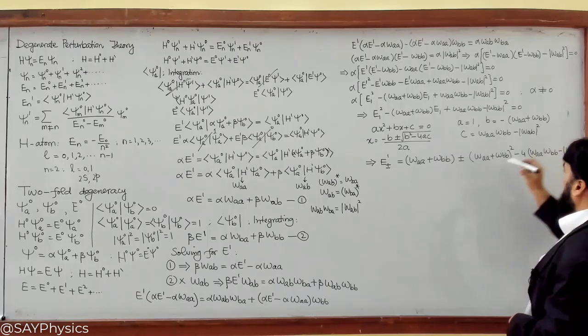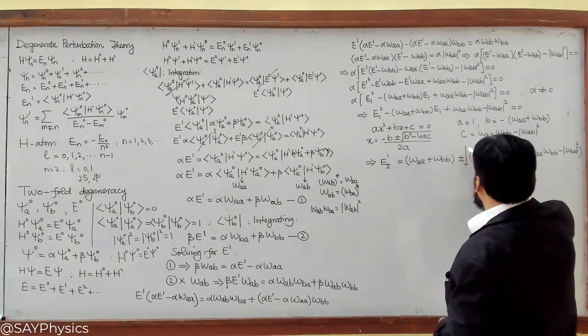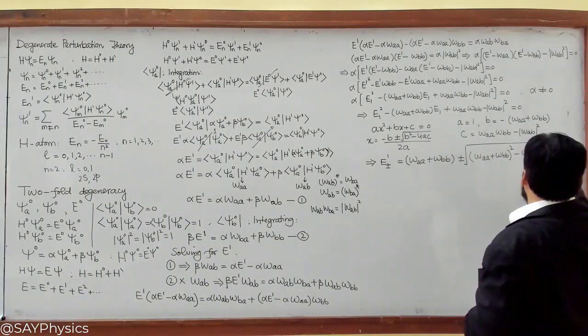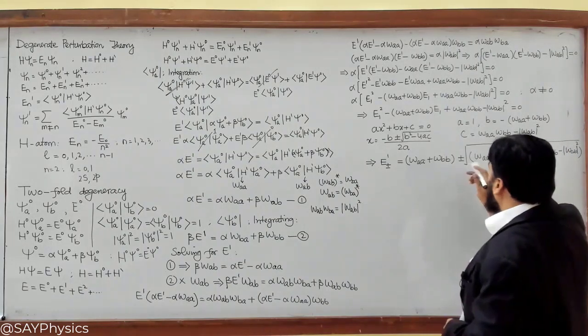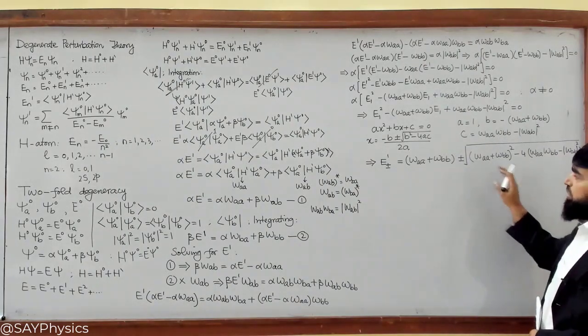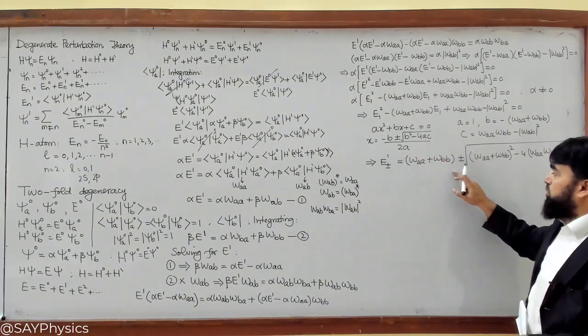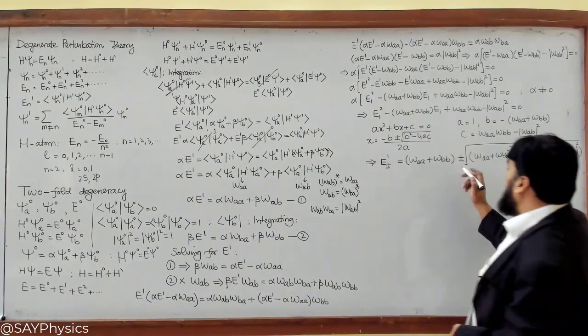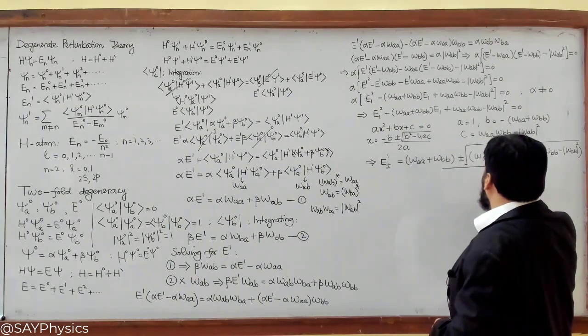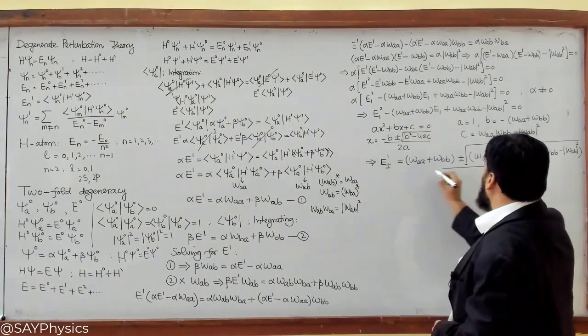So this is our b squared minus 4ac, and this whole is divided by 2a. So a is 1, so it is only 2. It means I can write this whole divided by 2.